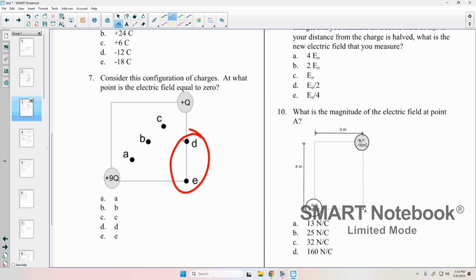In general, you want to get away from what? The highest charge. You want to get away from the highest charge. So knowing that general rule, I would gravitate towards C. I'm not sure that's the right answer, because it might be none of these, although that's not an option here. But I'm going to gravitate towards C.